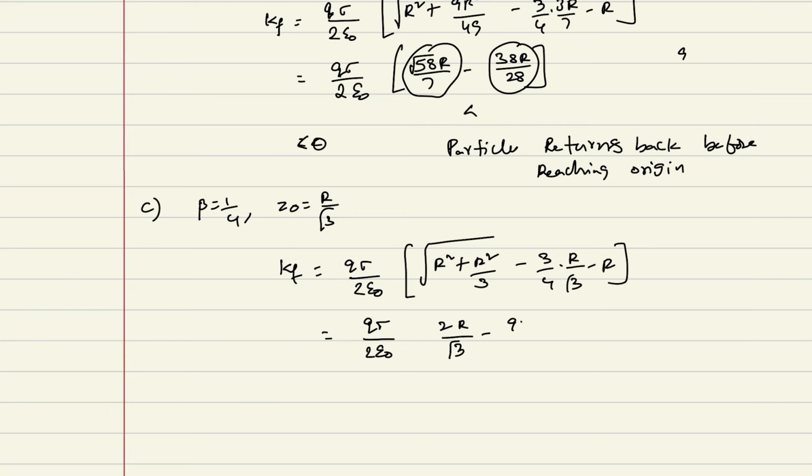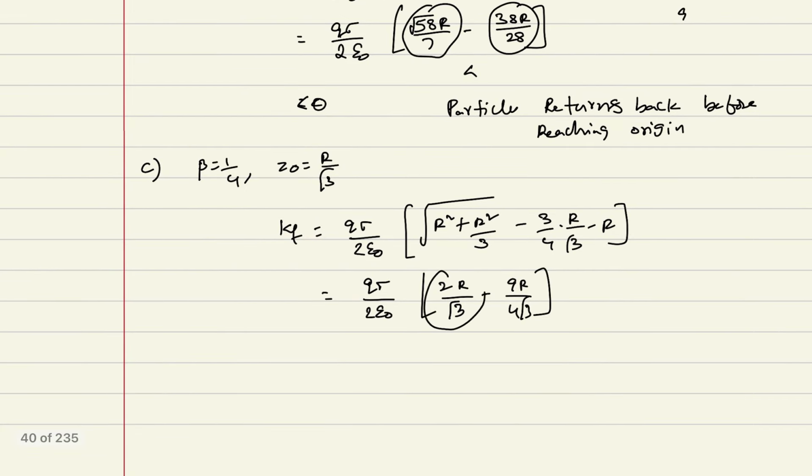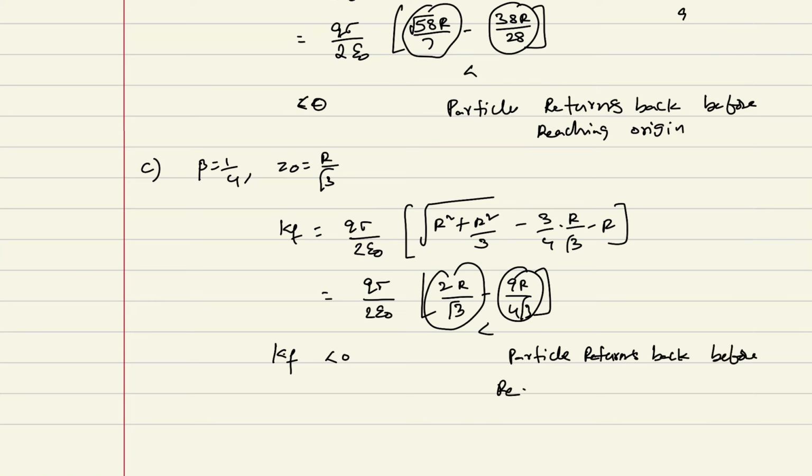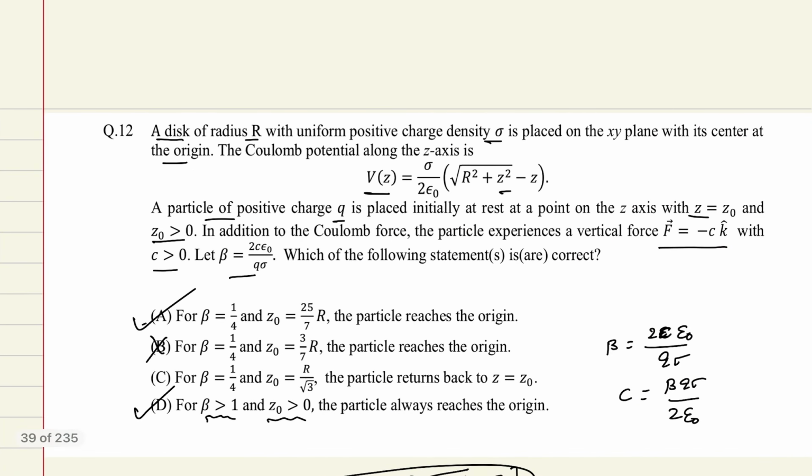You substitute there: q sigma by 2 epsilon naught into 2 r divided by root 3 minus 9 r by 4 root 3. Here also if you observe, this term is less than this term. So you can write K f is less than 0, a negative value we will get. So it indicates that the particle returns back before reaching the origin.